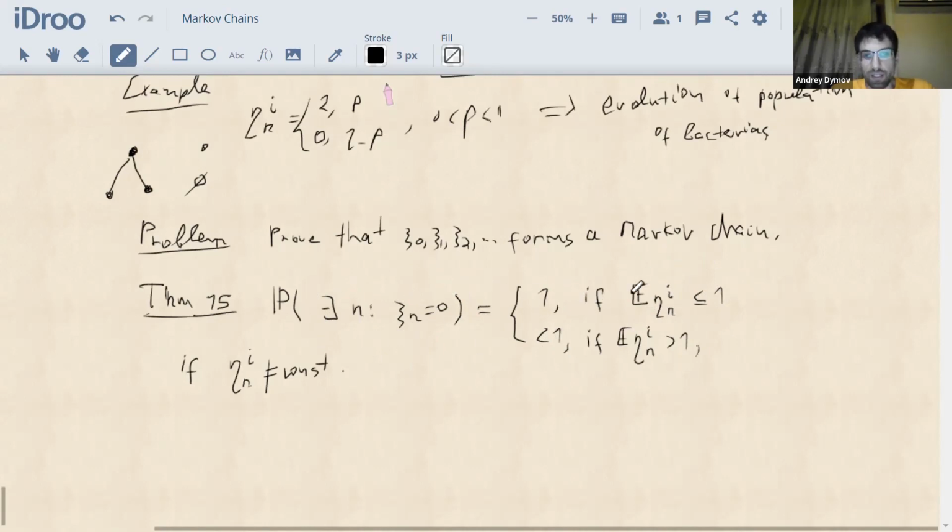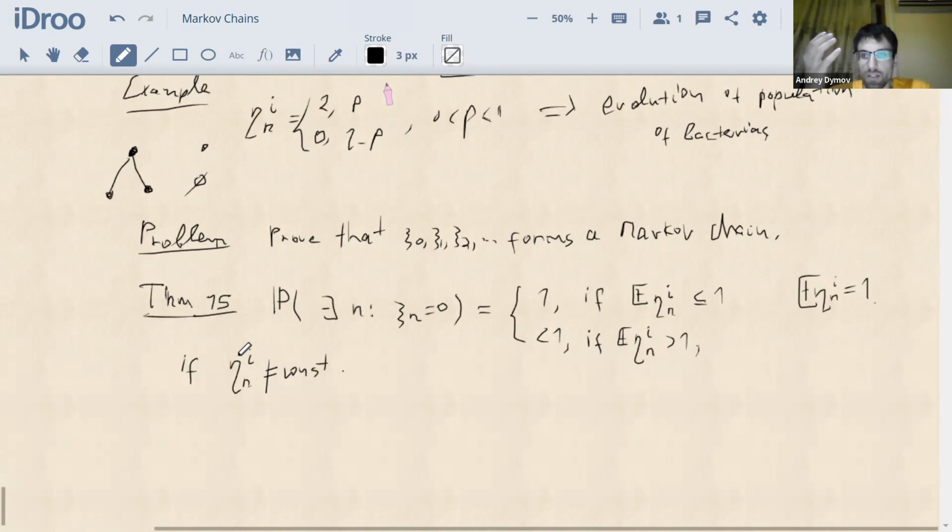The only surprising thing actually is that the probability that everybody will die equals 1 even in the case when the expectation equals 1. You see, if the number of descendants is just constantly equal to 1, not random, then the size of each generation will be equal to the initial size.